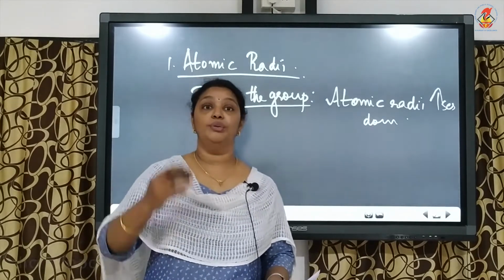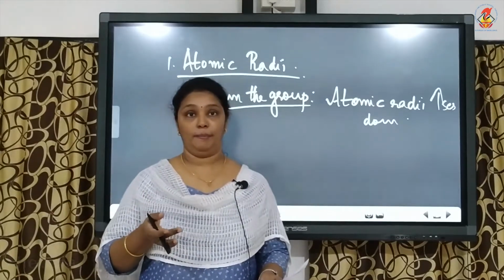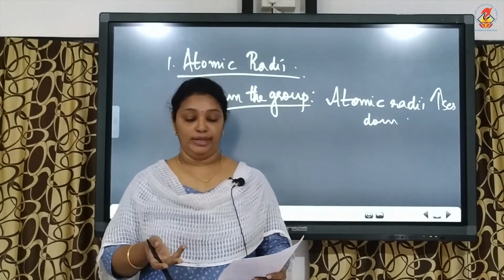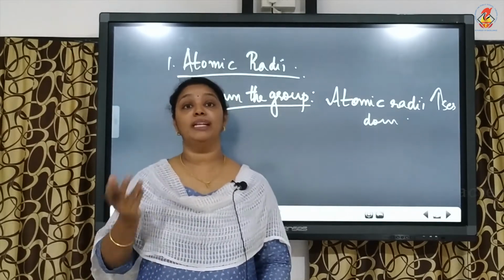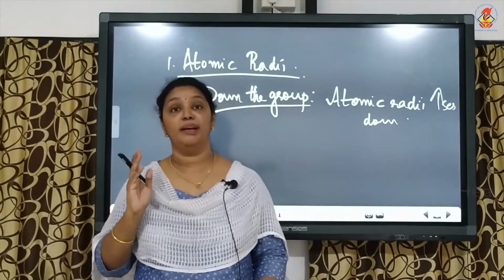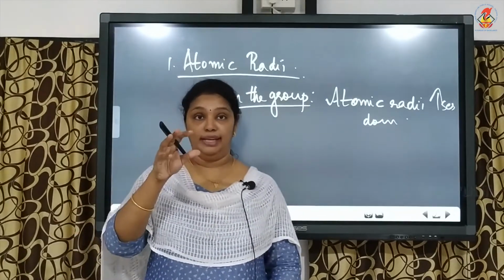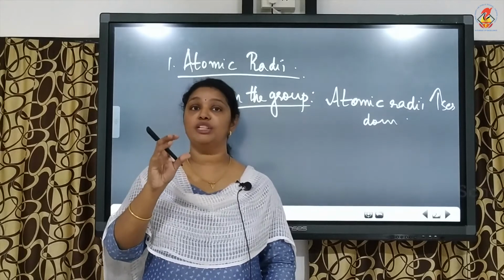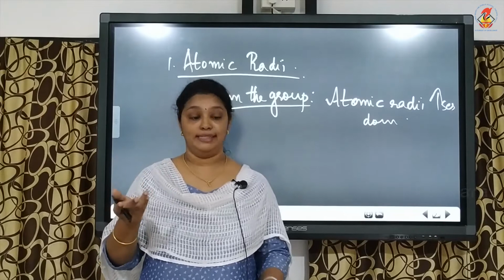Now, also we know down the group atomic number increases. So, the nuclear charge increases. Atomic number is equal to the number of protons, and we know that protons are present inside the nucleus. So, nuclear charge, meaning the positive charge of the nucleus, increases.